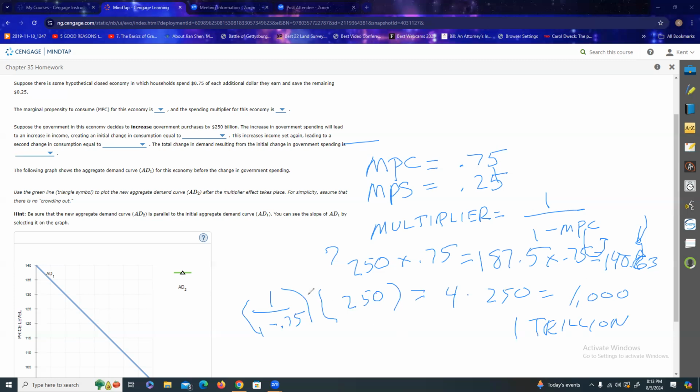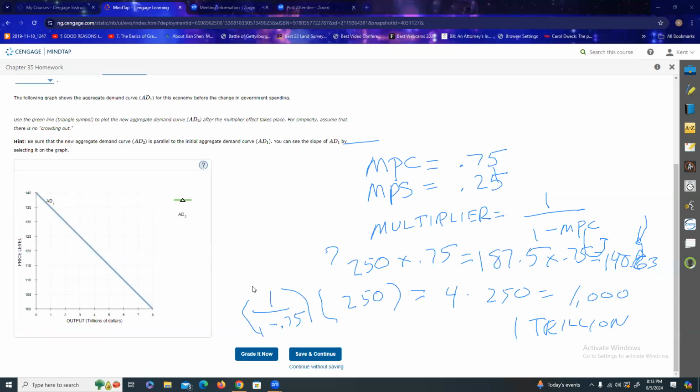Now down here, it says use the green line. Okay, well, let's go up here. The following graph shows the aggregate demand curve for this economy before the change in government spending.